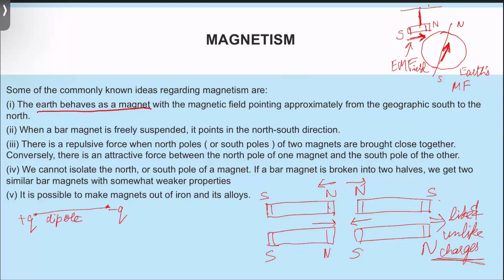But in case of magnets, if your R is increased, this can exist as two different monopoles also. These two can exist far away from each other, as individual charges, but that is not the case for the bar magnet.